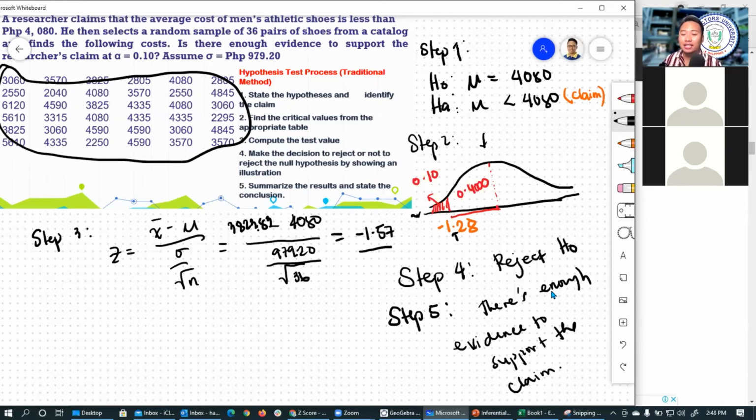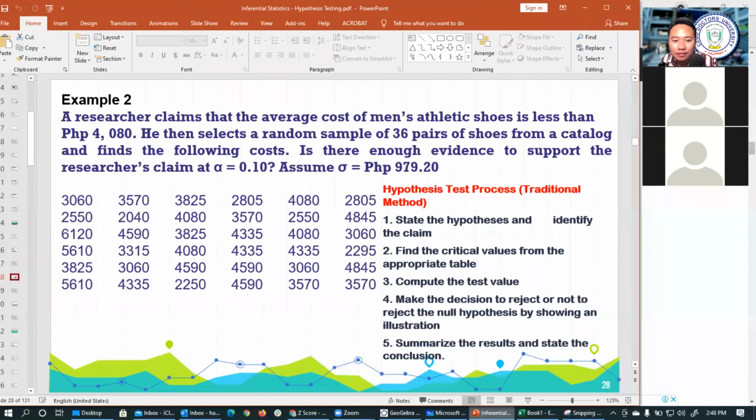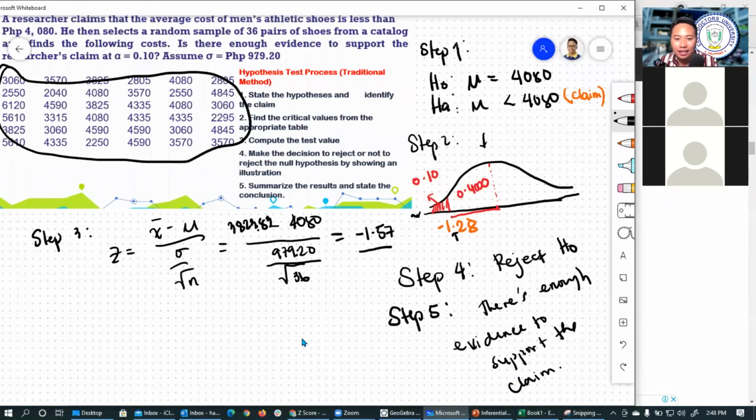That's another way to say it. You can also say there's enough evidence to support that the mean is really less than 4,080. Questions so far? Okay. No more questions?